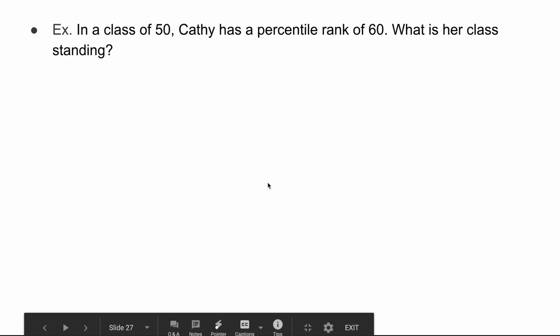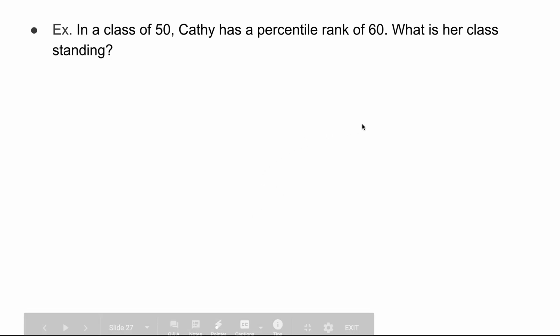You get to know when you calculate 60% of 50, that gives you the number of people below Kathy's rank. So you can do 50 times 60% or 0.6, which will give you 30 students.